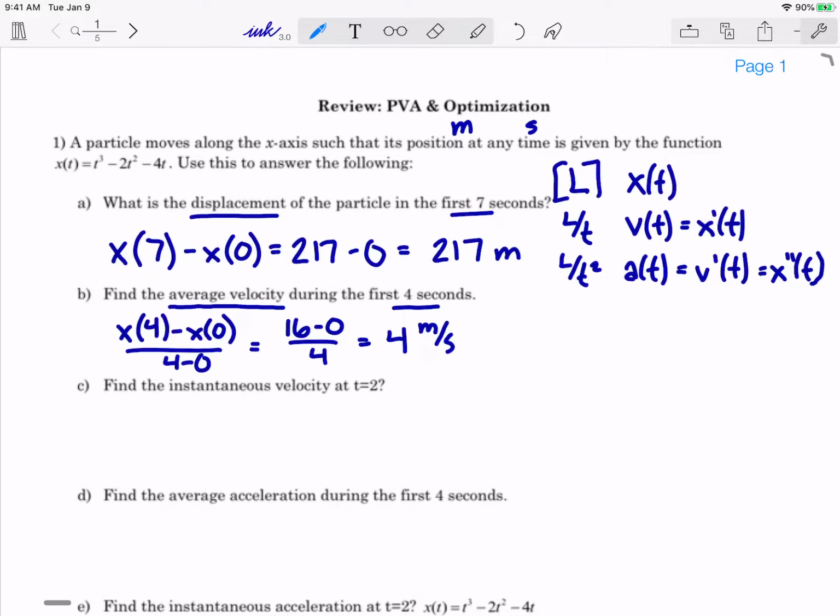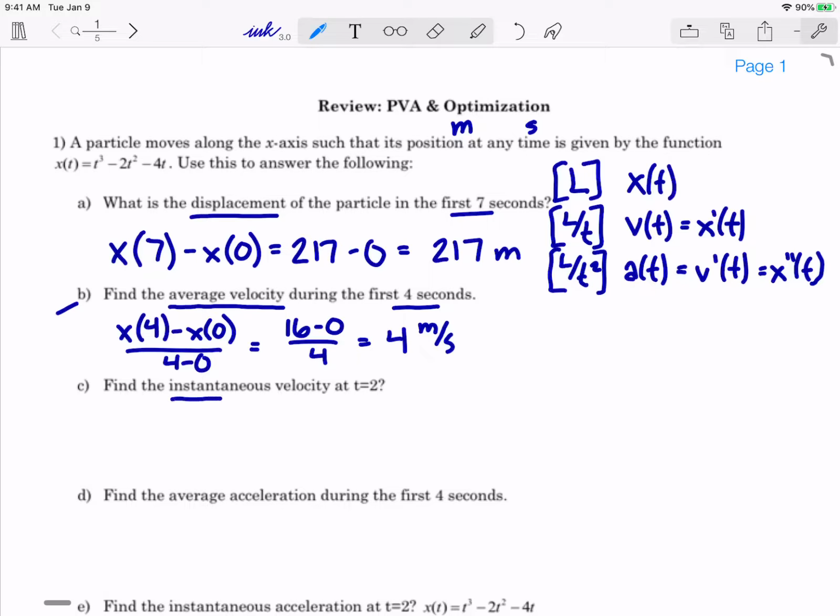So I'll put those in brackets so you know that that is referencing the units of position, velocity, and acceleration, respectively. But when we're computing average velocity, like we did in this part B, we need to just compute the slope of the position function between the starting and ending points.